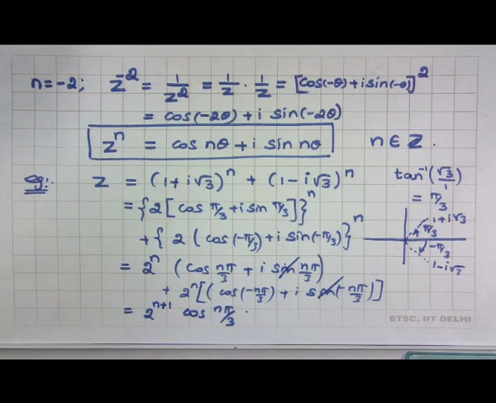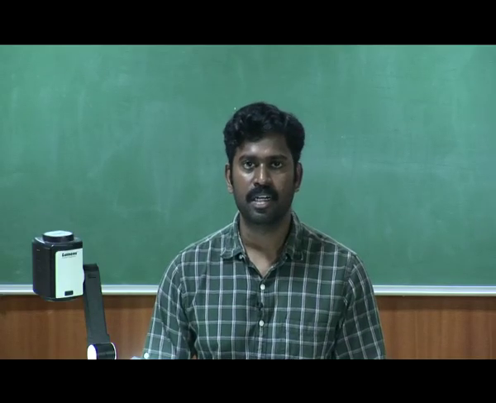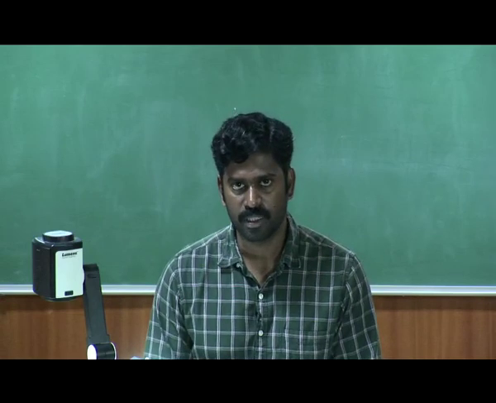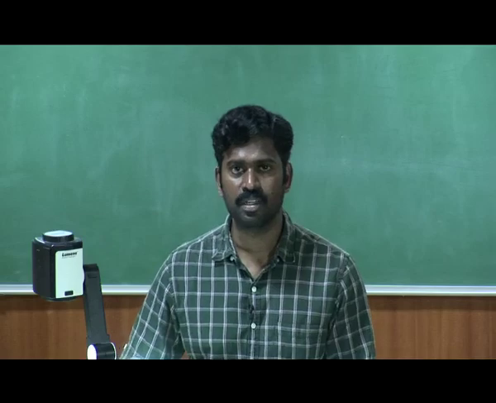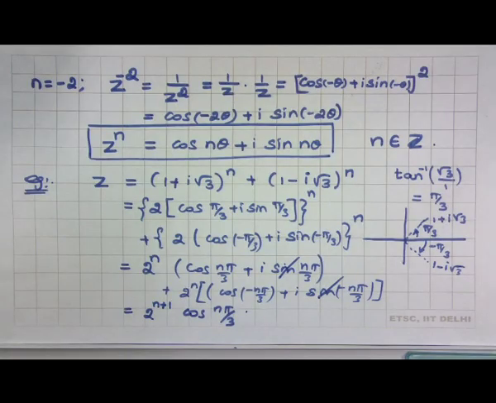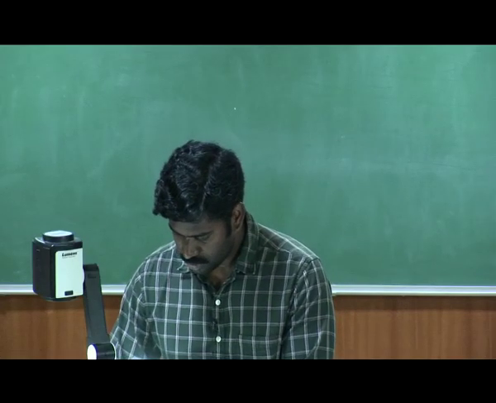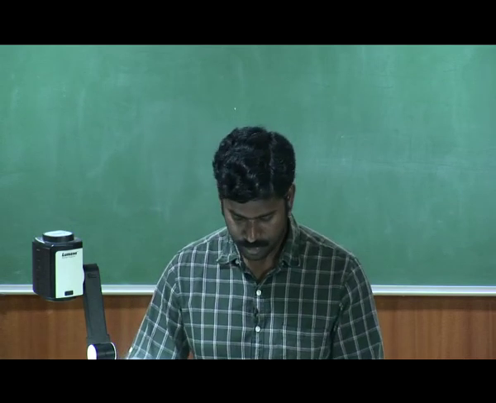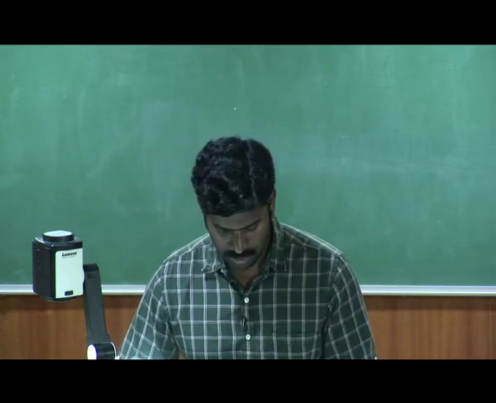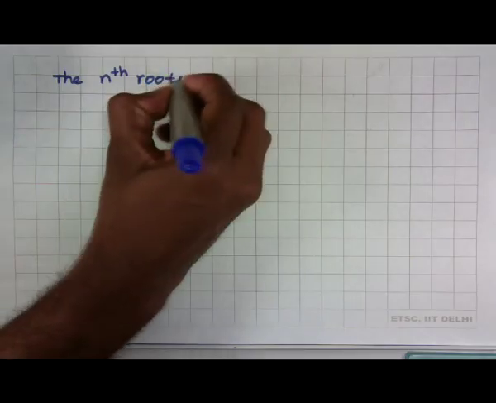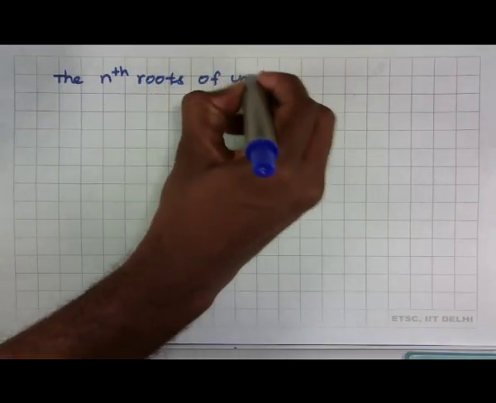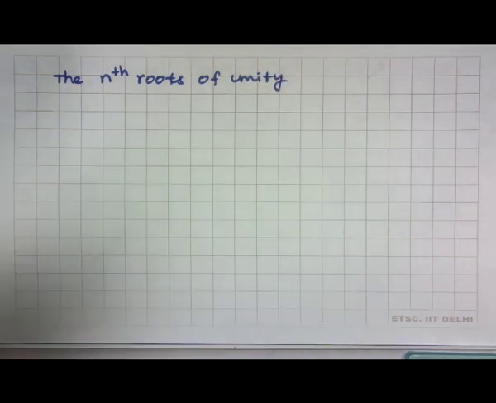So, what we observe is when we are calculating powers of a complex number, using the polar representation we can easily calculate. Now we are going to discuss a very fascinating fact, that is the nth roots of unity.